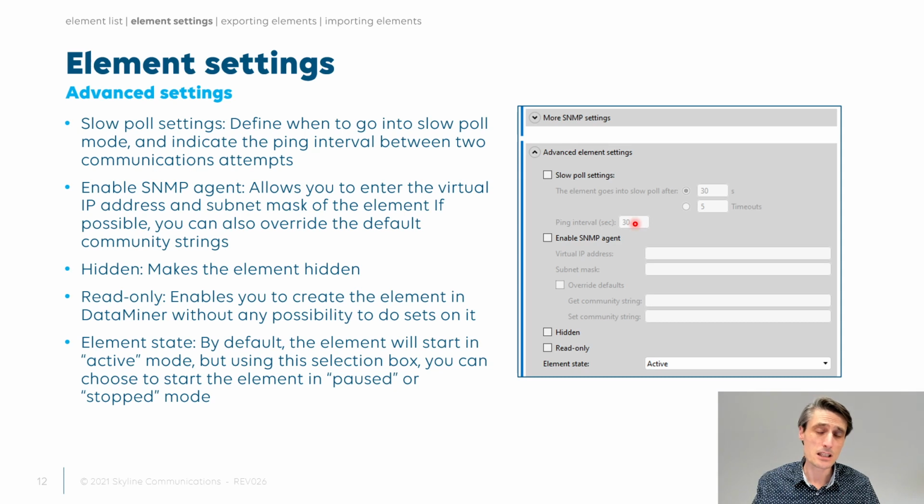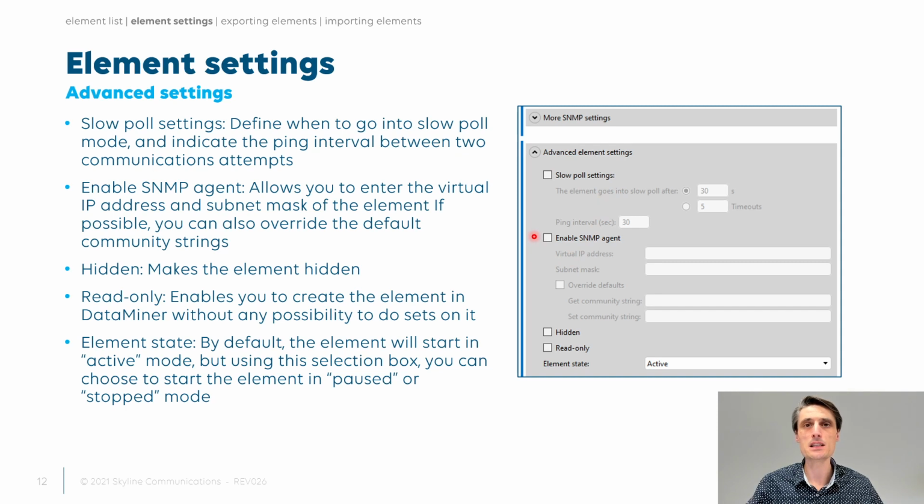This is, for instance, interesting if you have a bus and multiple devices are being polled on the same bus. If you would have one device that goes into timeout, it would occupy that bus with a lengthy timeout, and all the other elements will be influenced by this one device going down. So that's a typical use case where you can do a slow poll. So that's only under very specific circumstances.